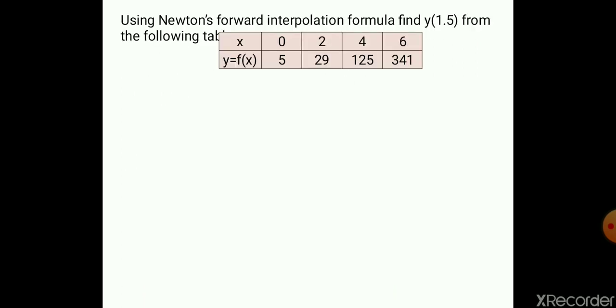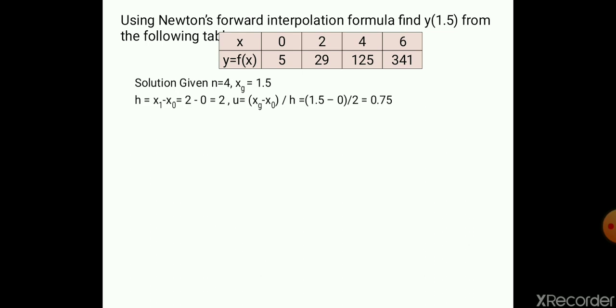So let us understand this Newton forward formula by using an example. Use Newton forward interpolation formula for x is equal to 1.5. We have to find the value of y for x is equal to 1.5, and the respective x0, x1, x2, x3 terms are given for the respective y values. So we have xg as 1.5 and n is equal to 4.